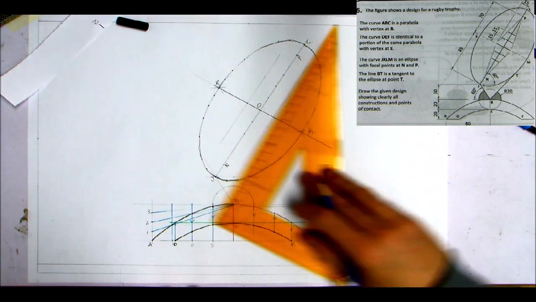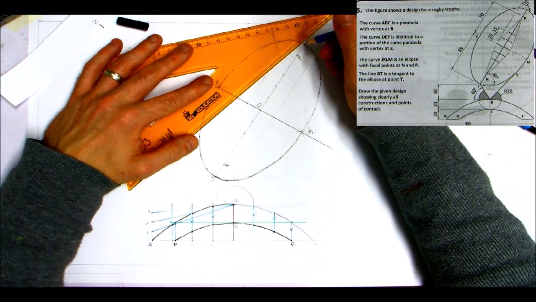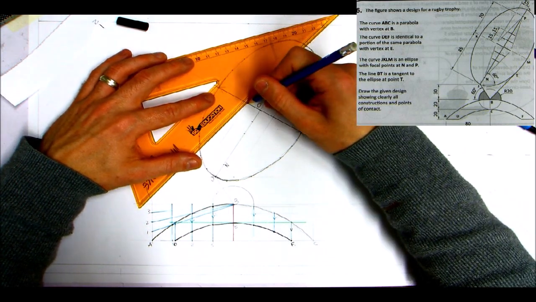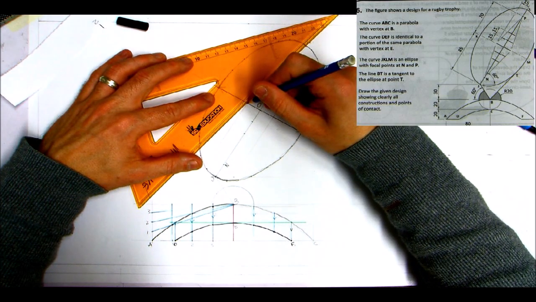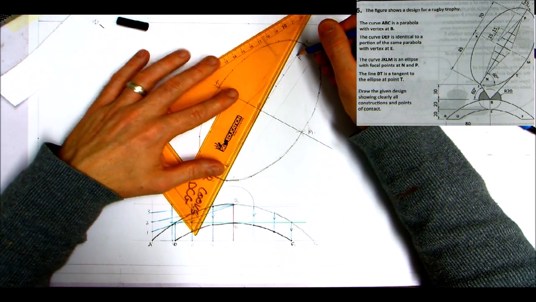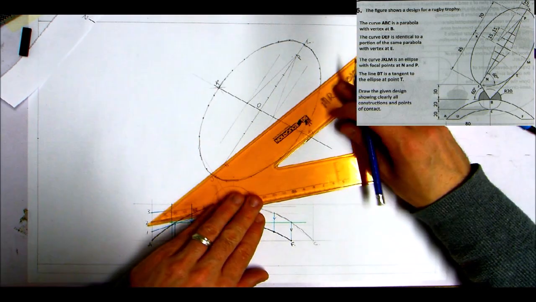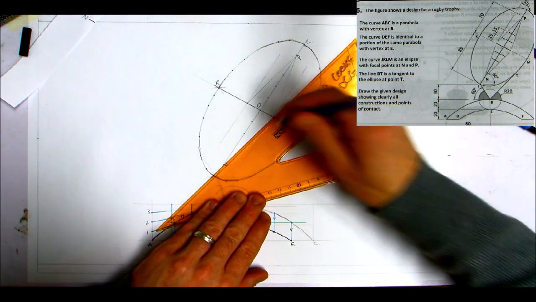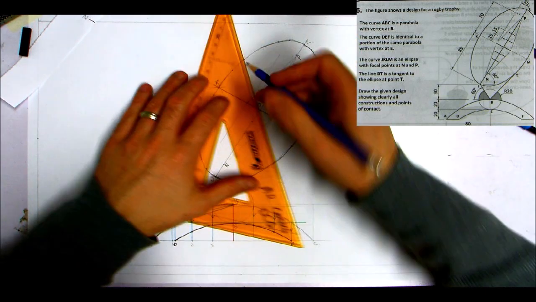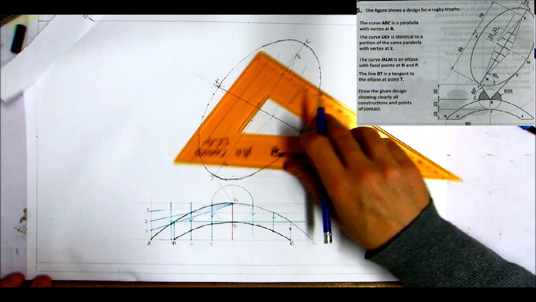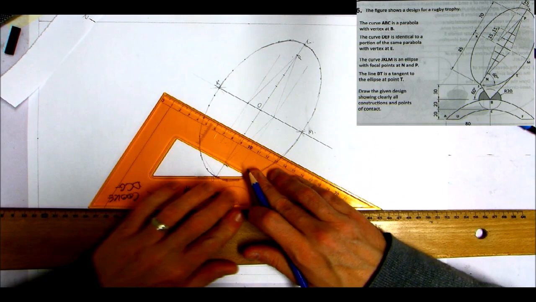We're going to join from the focal point to this point here to get our angle. Do the same on the opposite side, get our angle. That determines the length of the stitching. And then at 30 degrees, we draw in our stitches.